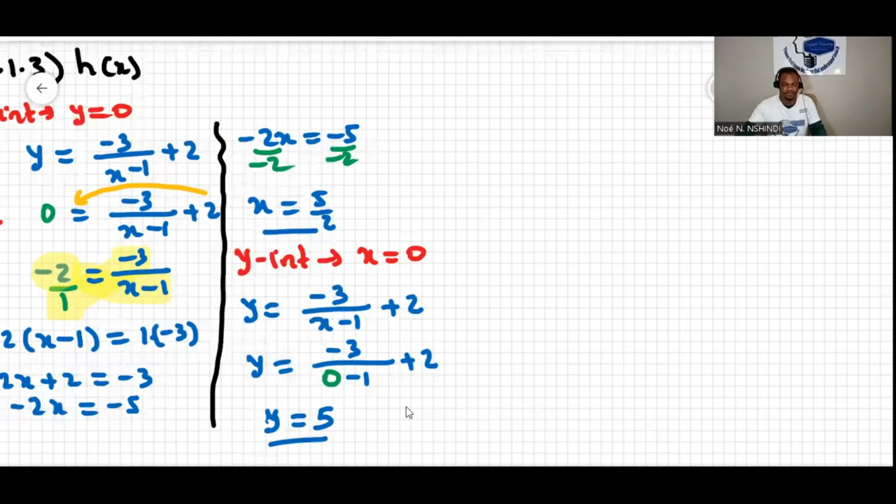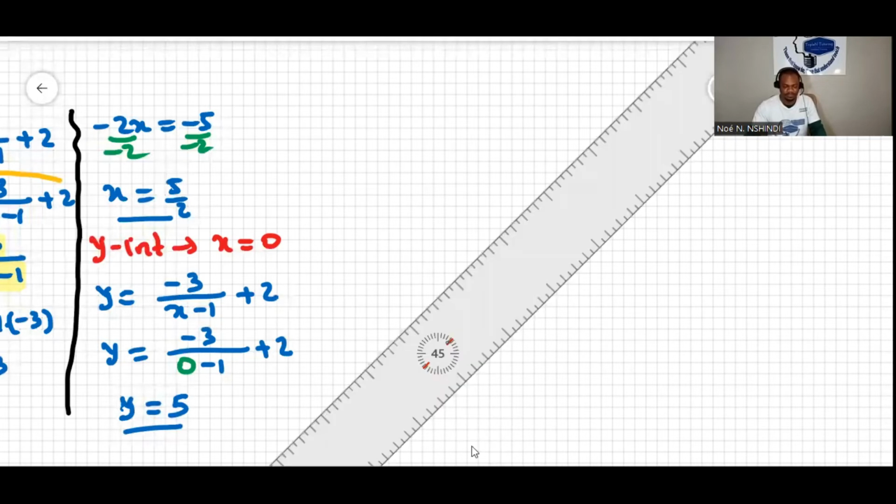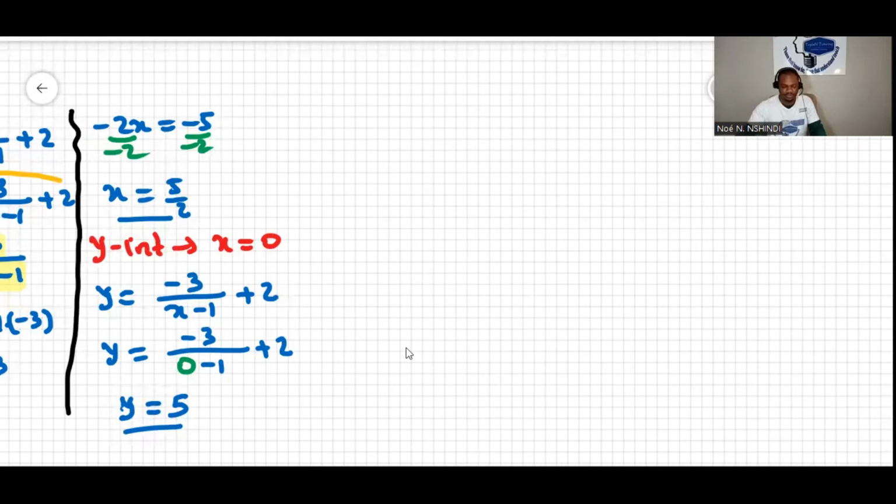I'm going to do that over here. Let's take the paper and then draw the graph.